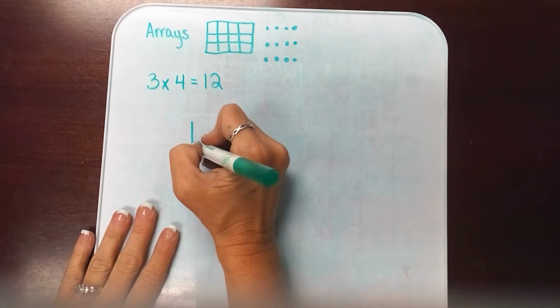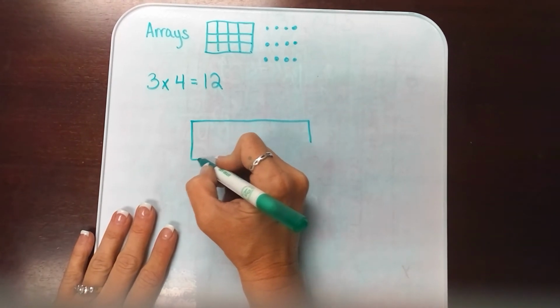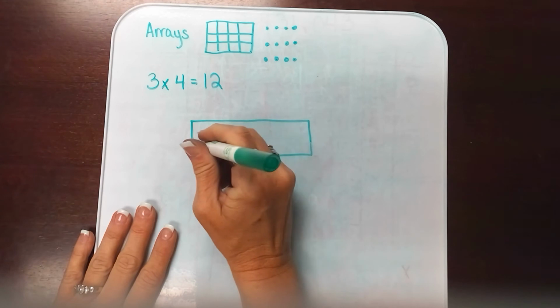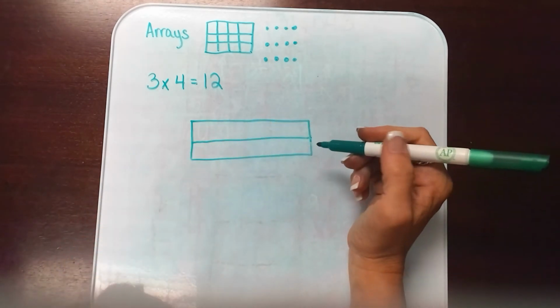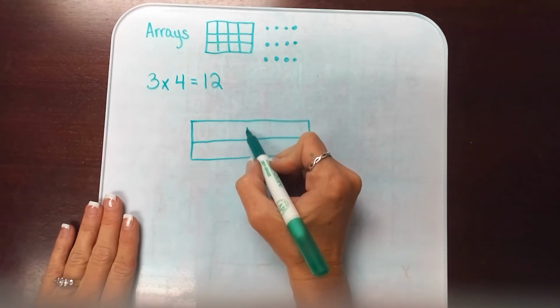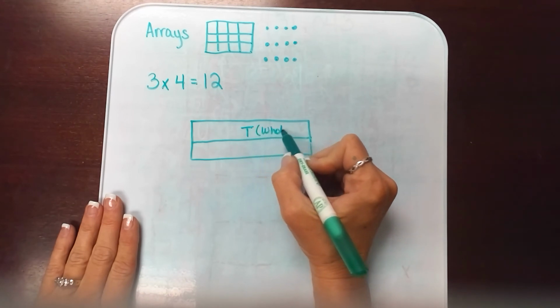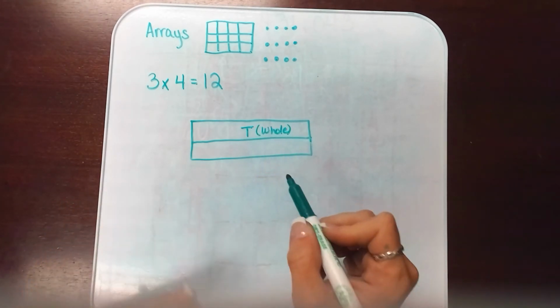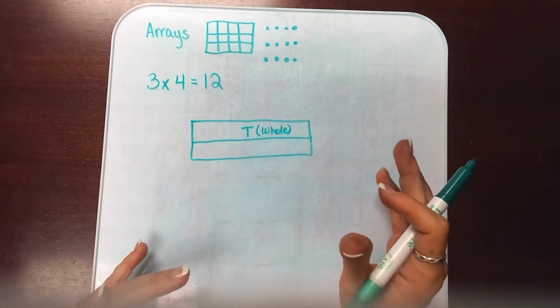And then they're going to have to represent with strip diagrams. Now we did strip diagrams with addition and subtraction. Remember that I said when I'm looking for the whole or the total in addition, my parts are going to be unequal because I'm adding unequal parts.